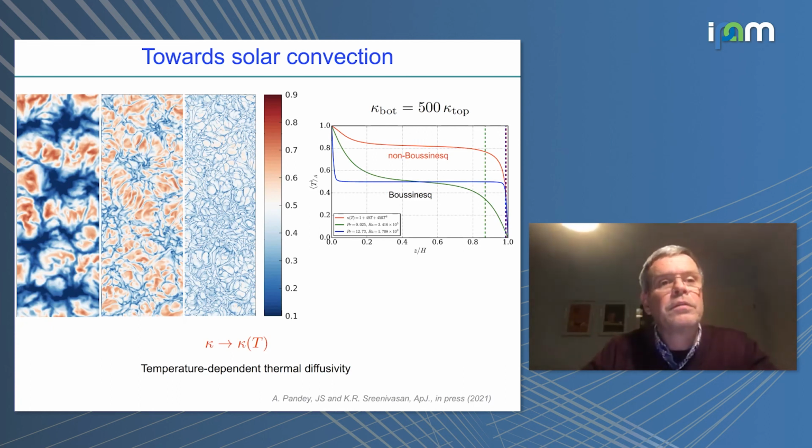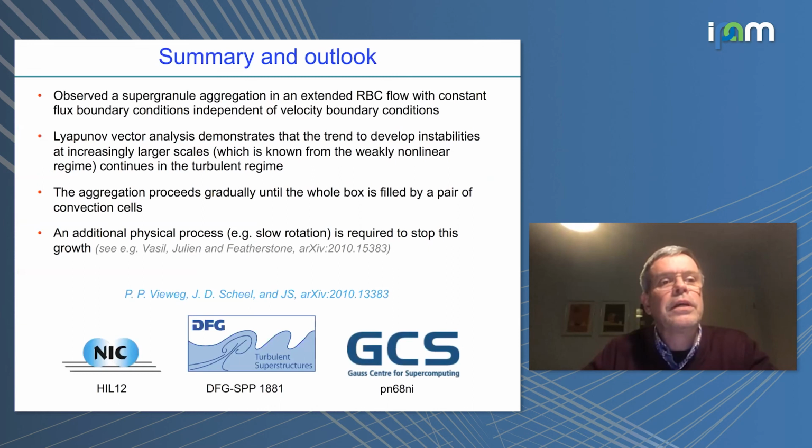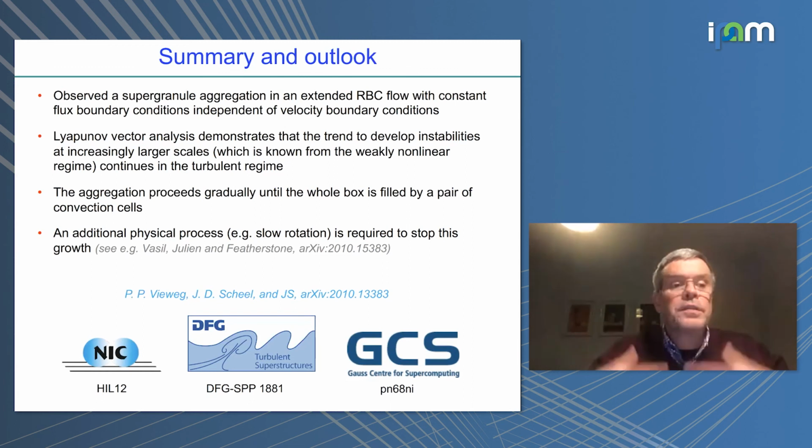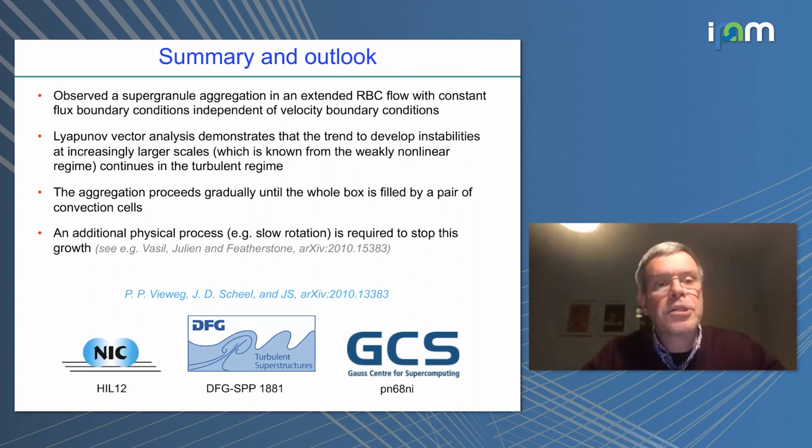And that brings me to the summary and the outlook. We have observed a supergranule aggregation in an extended Rayleigh-Bénard convection flow with constant flux boundary conditions, independent of velocity boundary conditions. And we have conducted a Lyapunov vector analysis that demonstrates that the system tries to develop larger and larger structures as long as it is possible.